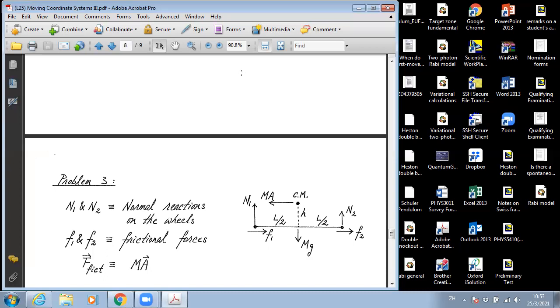Since this is a static problem, it is in rotational equilibrium, and also in translational equilibrium.